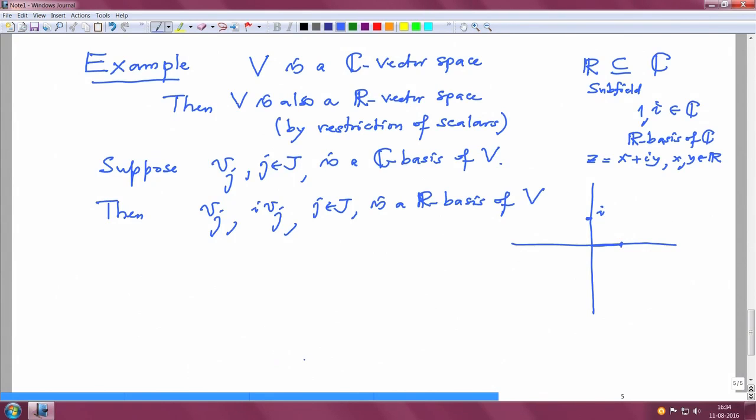So what do we have to check? We need to check two things. First, that every element of V is a combination of these with real coefficients.